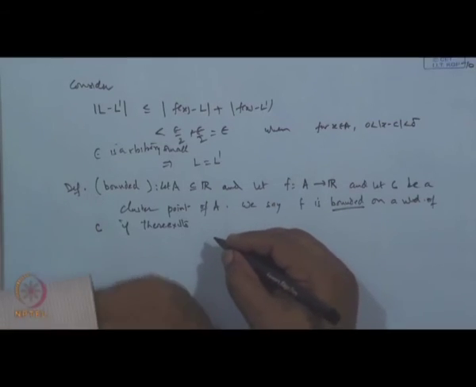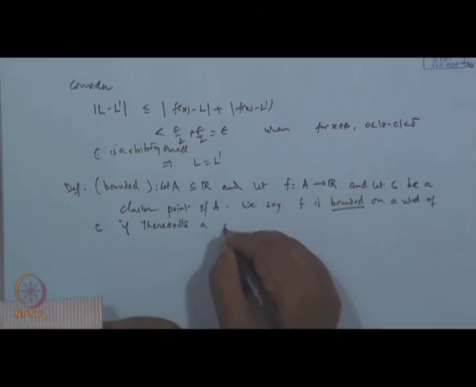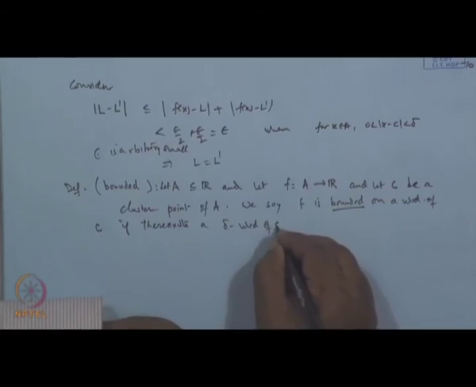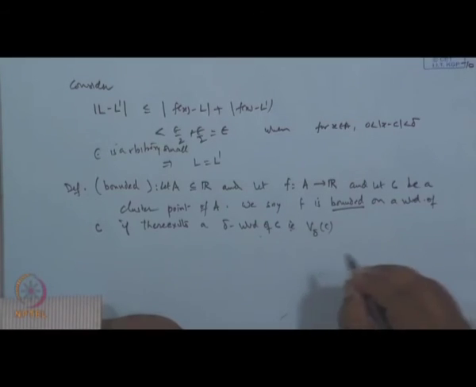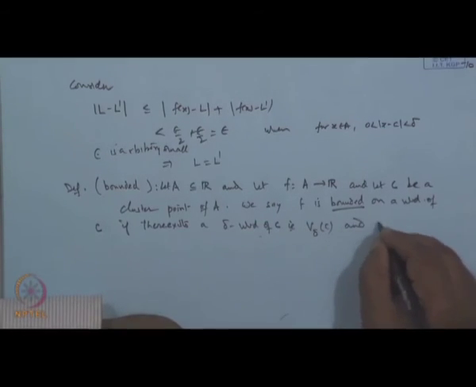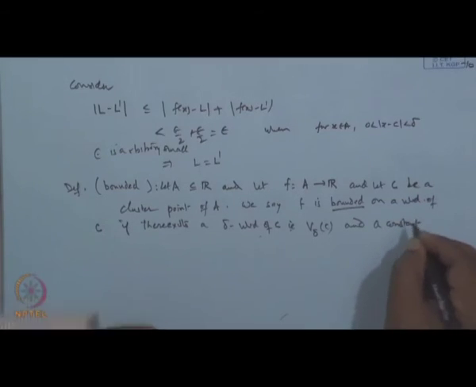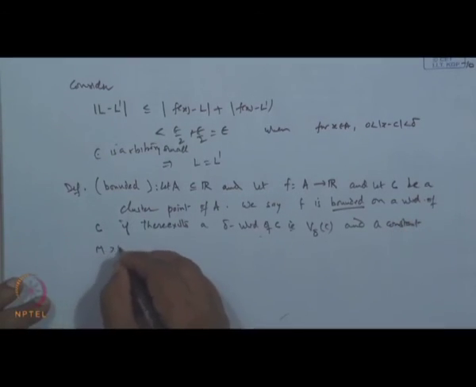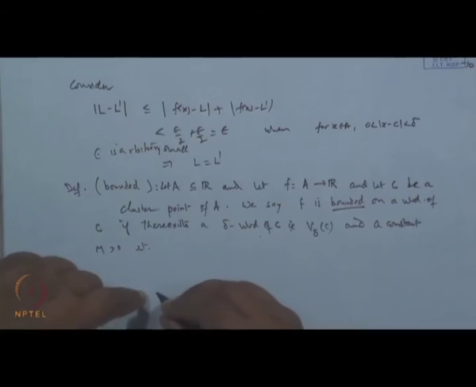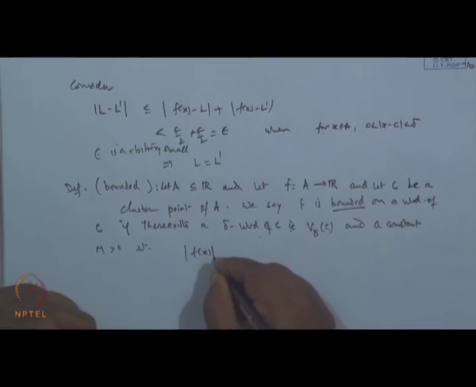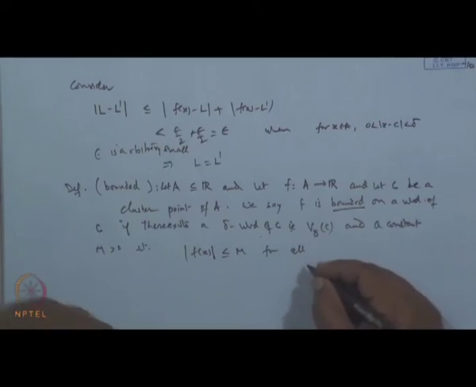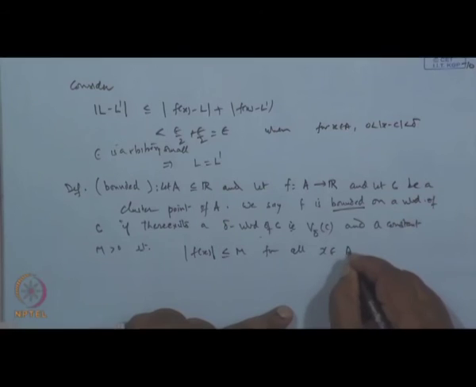a delta neighborhood of c, that is V delta of c, and a constant M greater than 0, such that mod of f x is less than or equal to M for all x belonging to A intersection V delta of c.